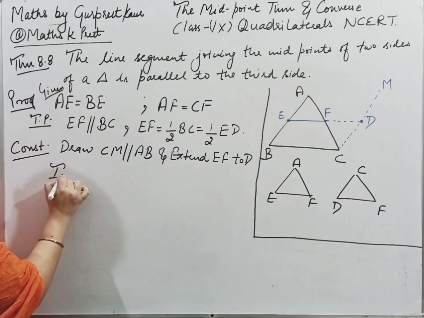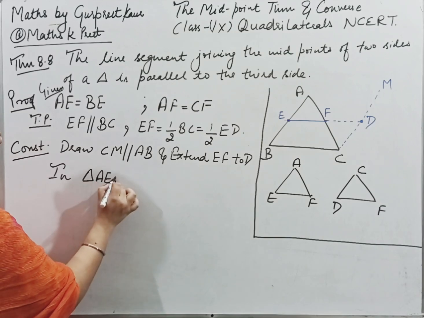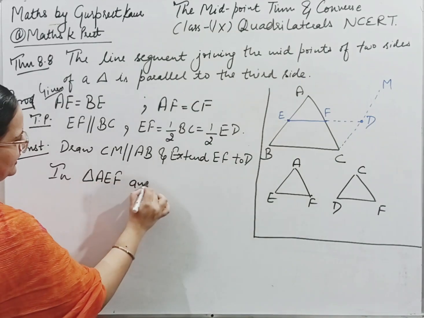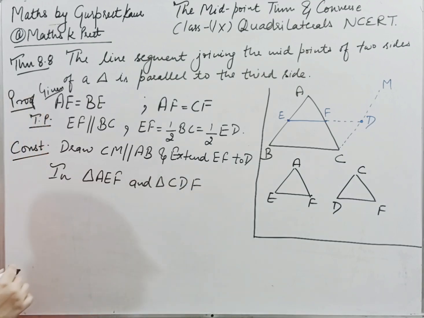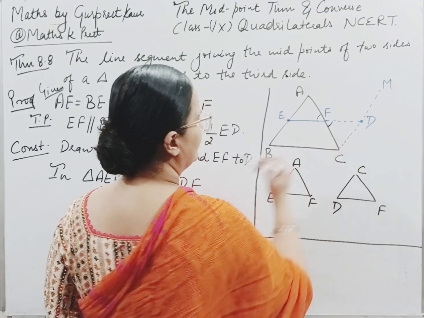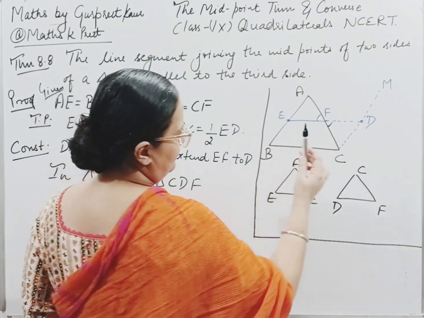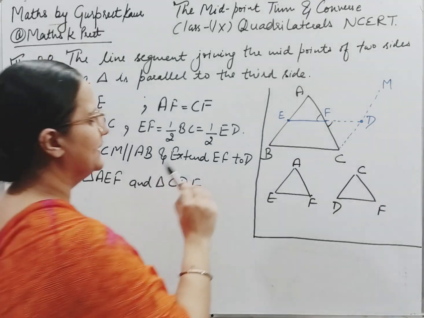Let's see which corresponding parts are congruent here in these two. In triangle AEF and triangle CDF, what we are having? We are having these two angles equal through vertically opposite angles. And what else we have?